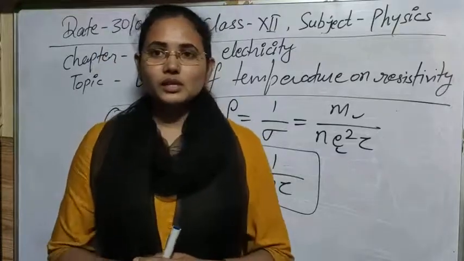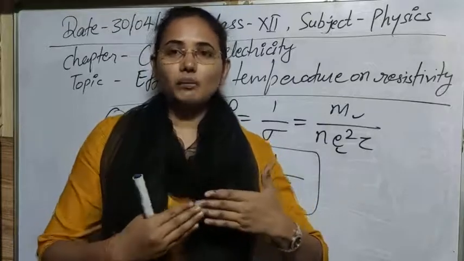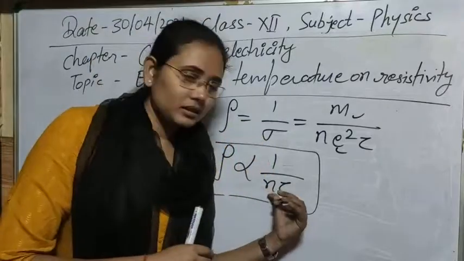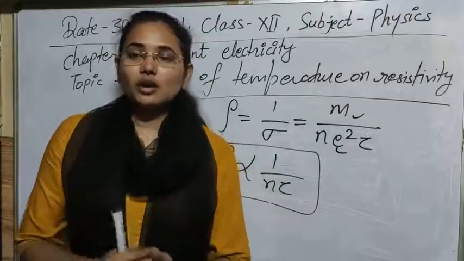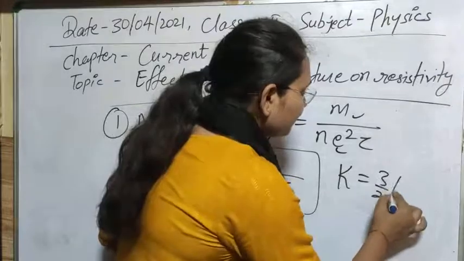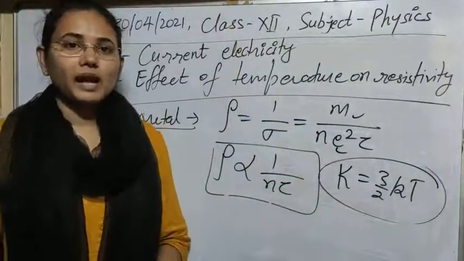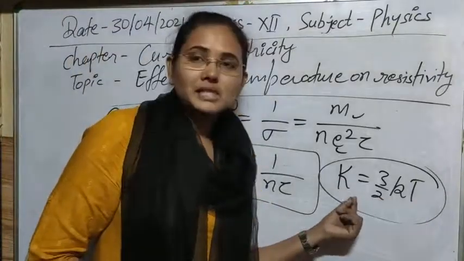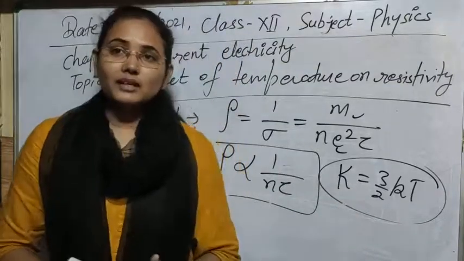First, they use this energy to break covalent bonds or release more electrons, meaning the number density increases. Secondly, they increase their speed or kinetic energy. As you know, kinetic energy depends on temperature by this factor. This is for a gas, and electrons also behave like a gas, so this theory can be applied here too. So temperature increasing means the kinetic energy of the electron is increasing, and due to that its velocity will obviously increase.